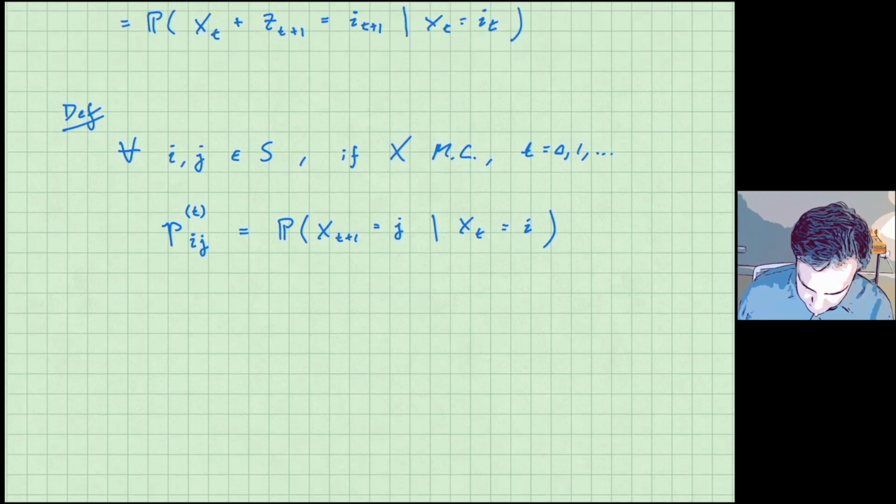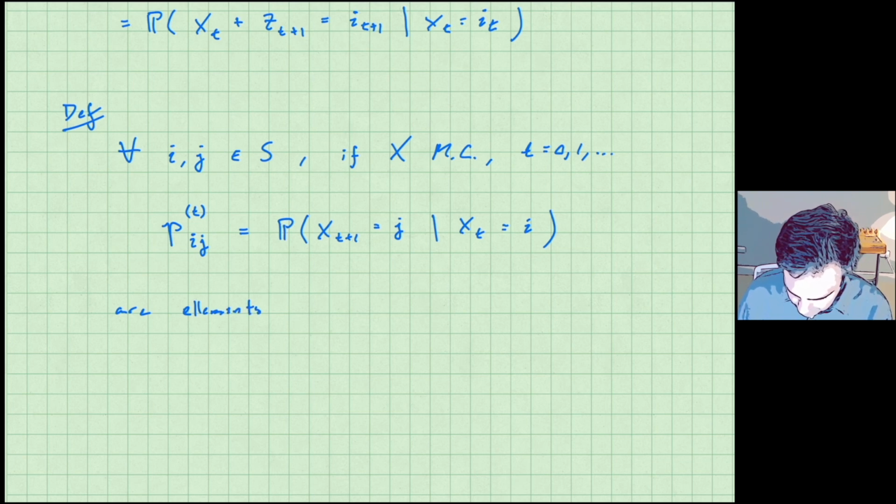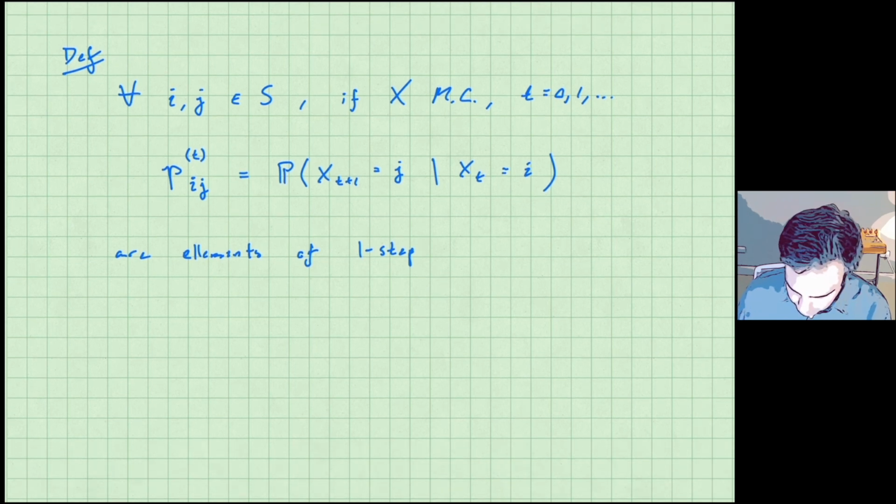And so these are the elements of a matrix. So these are the elements, or components, or however you want to say it, of something called the one-step transition probability matrix. One-step transition probability matrix.